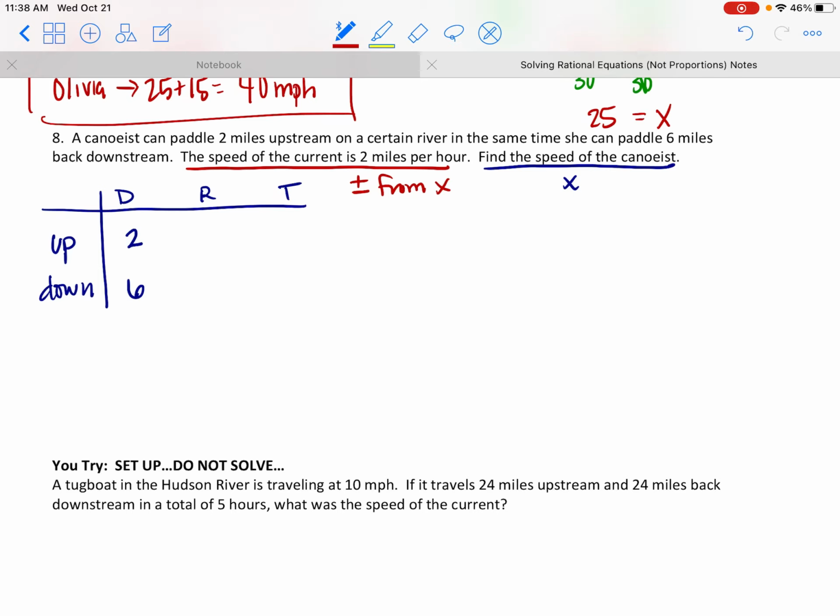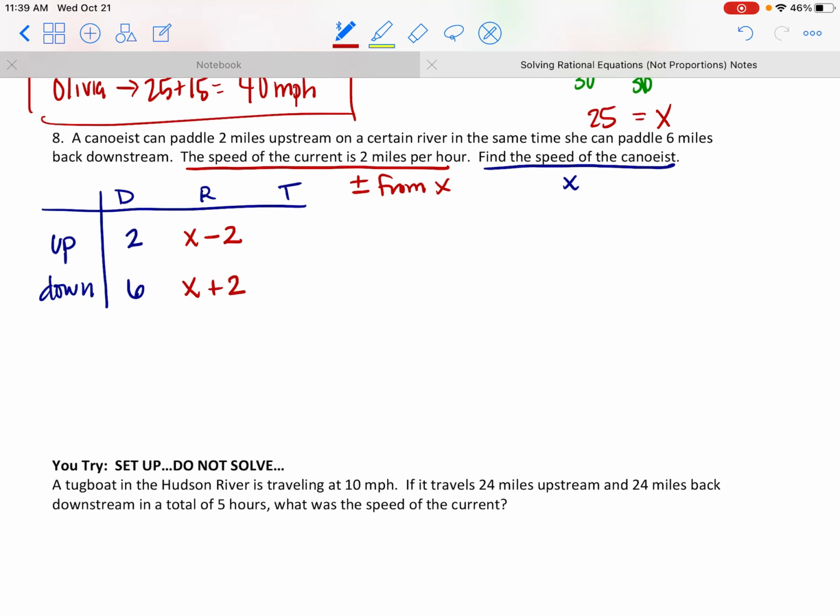In this case, it's x. So we don't know her speed, but upstream, I know she's going to be going 2 miles per hour slower. So I would subtract the 2 because she's going 2 miles per hour slower. She's being slowed down by the current. Downstream, she's going with the current. So again, I don't know what her speed is, but she's going to be 2 miles faster because of the current.